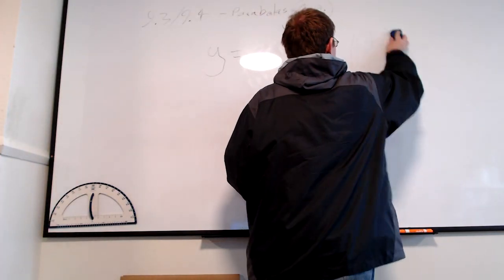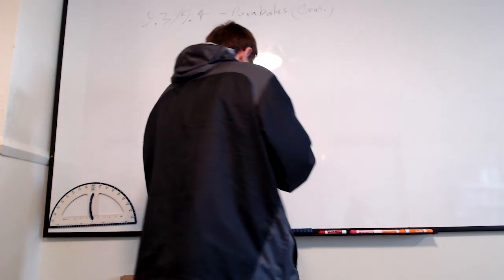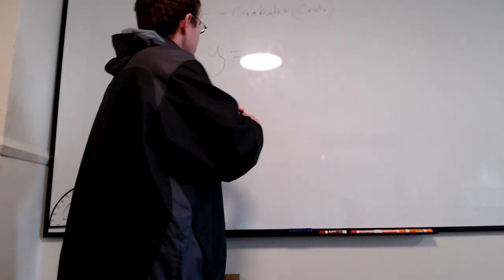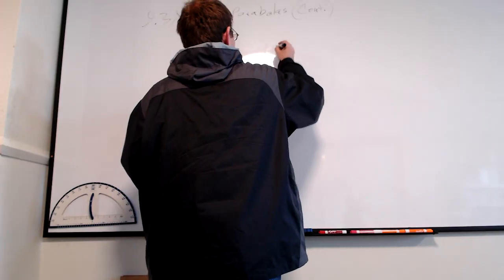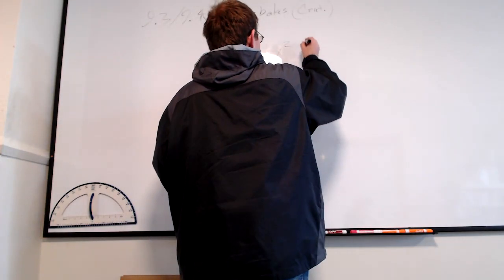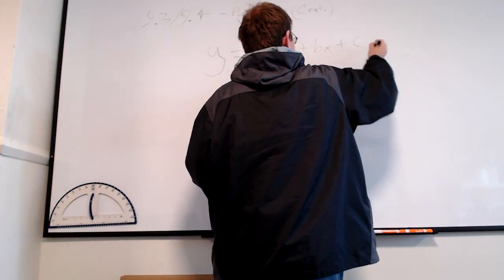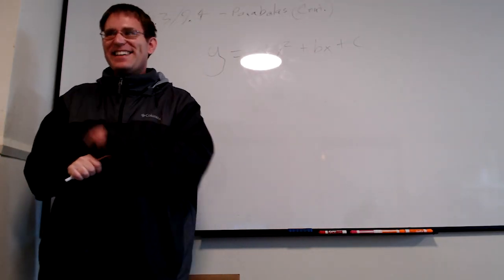We're going to work on solving and graphing, primarily graphing initially, when we have a parabola of this form: ax squared plus bx plus c. Is this the quadratic? We're getting there.